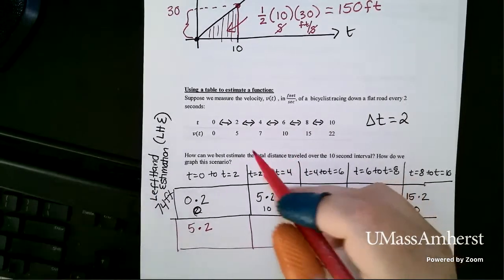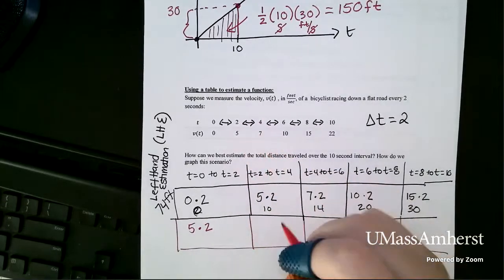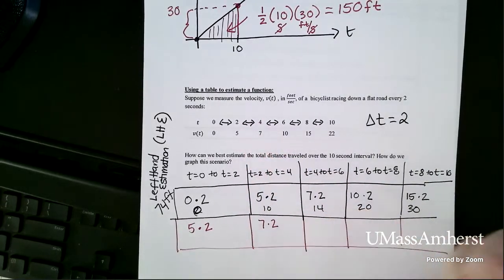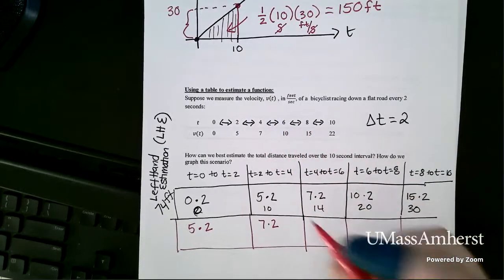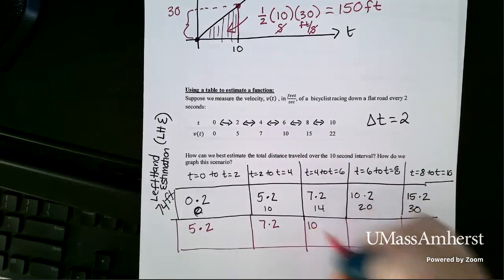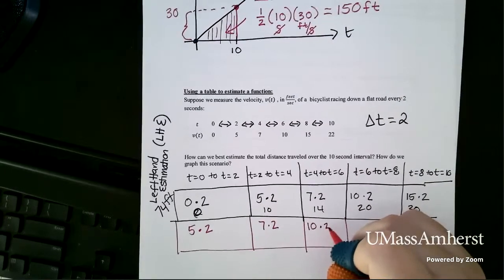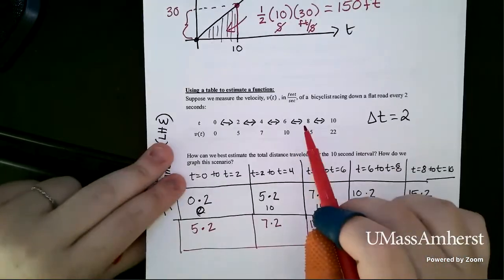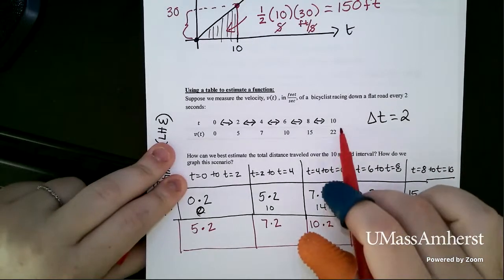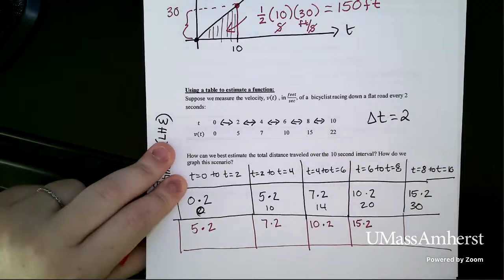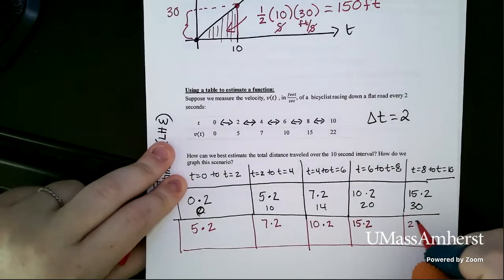From time equals 2 to time equals 4, I pick the one on the right. I have 7 times 2. From time equals 4 to time equals 6, I pick the rate on the right. So I have 10 times 2. From time 6 to time 8, I pick the rate on the right. 15 times 2. And then finally, from time 8 to time 10, I pick the rate on the right. 22 times 2.